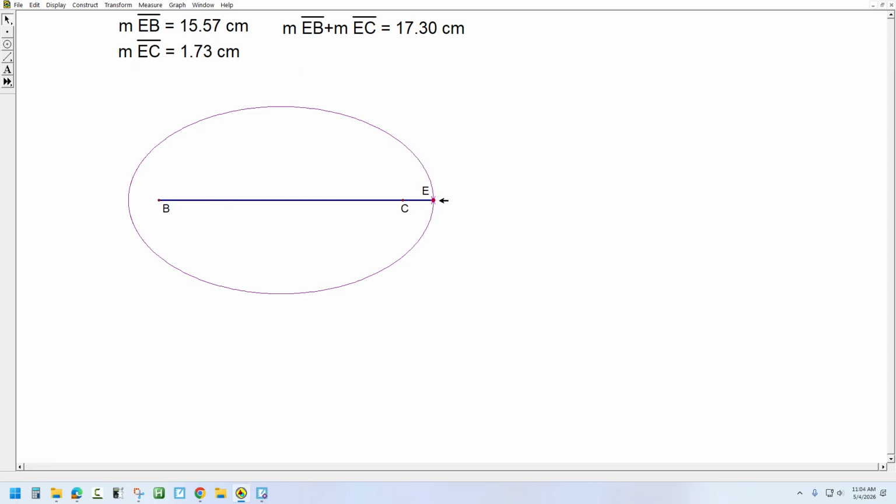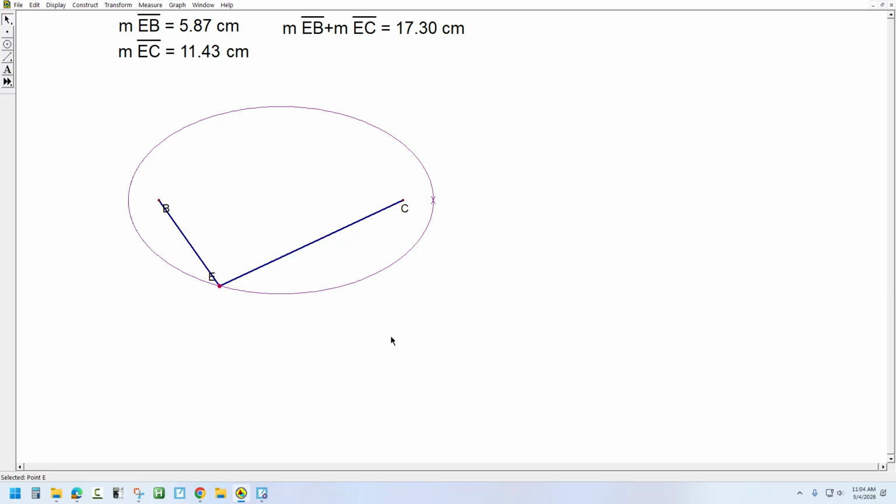Okay, that's about as short as I can make line segment EC, 1.73. Now it's going to start growing again, and line segment EB is going to decrease. Add those two numbers together, they always add up to 17.3.